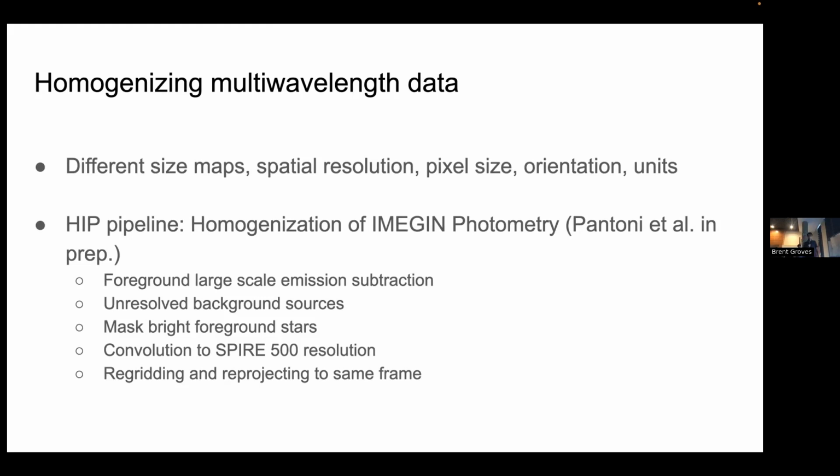To overcome this problem, we use the HIP pipeline developed by Pantoni et al., which is able to subtract the background emission, mask the foreground stars, and also convolve the images of different resolution to the same reference one, which in this case is the SPIRE 500 instrument. It also regrids and reprojects the different images to the same frame. In this way, all the images have the same pixel scale and the same resolution.